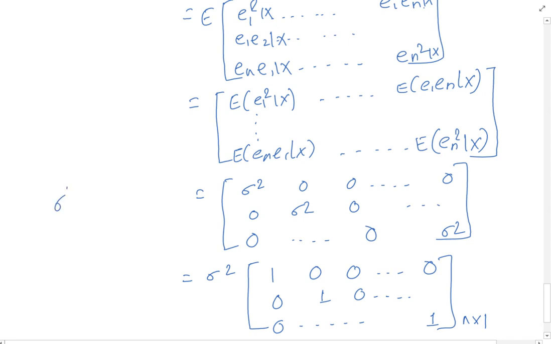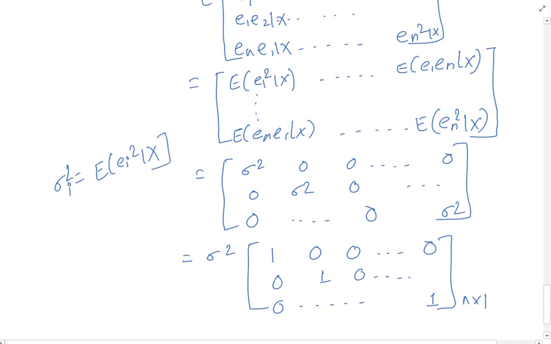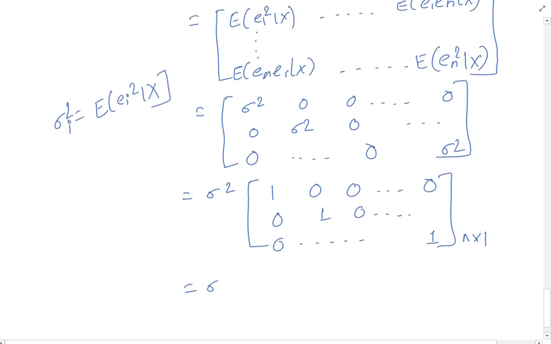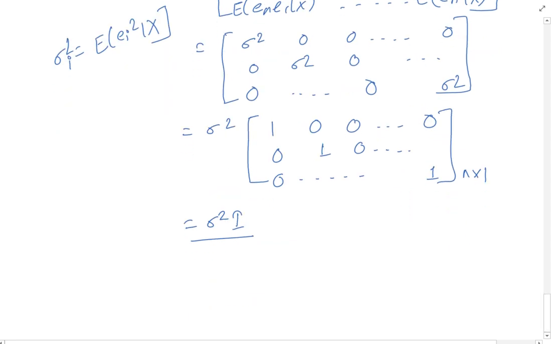Sigma square equals the expected value of ei square given X. So it will be sigma square I, and this is the variance covariance matrix of the error term that we have just derived.